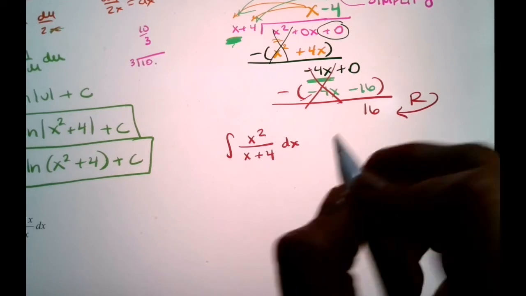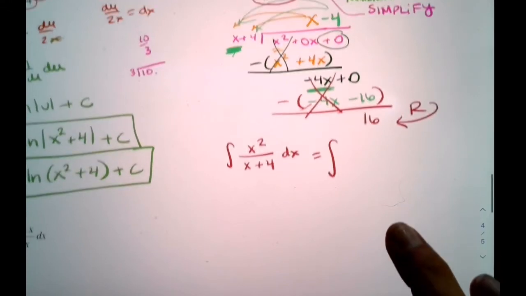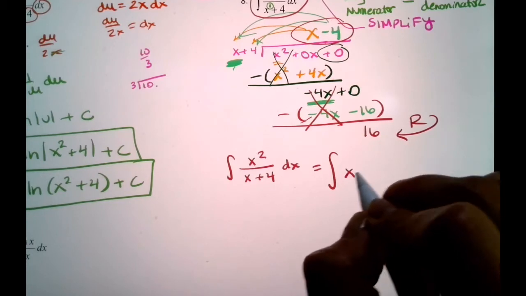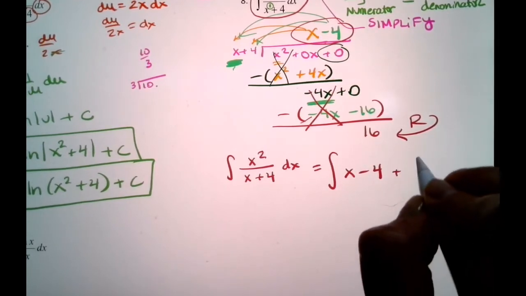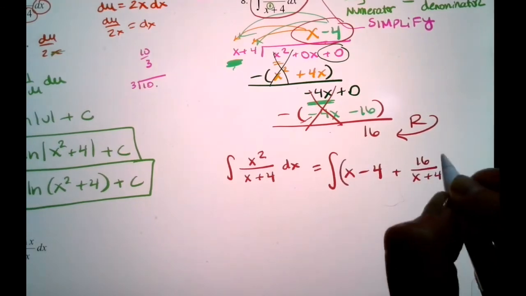I have equivalently decided that when you divide these things, you get x minus 4, freestanding, and then you have that little remainder. So you put the remainder over what you were dividing by. This is an equivalent statement. This is an equals sign, 100%.